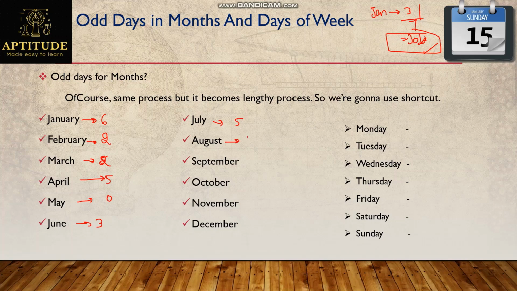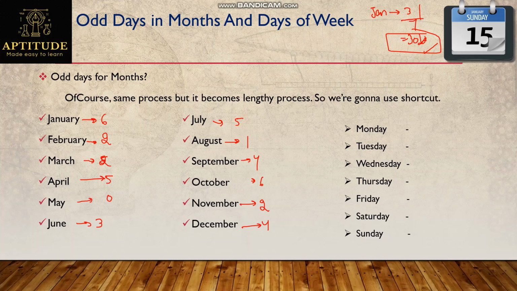For August, it will be 1. For September, it will be 4. October 6, November 2, December 4. So for these 12 months, you need to remember these 12 values.